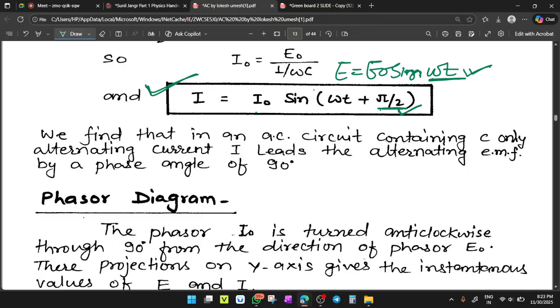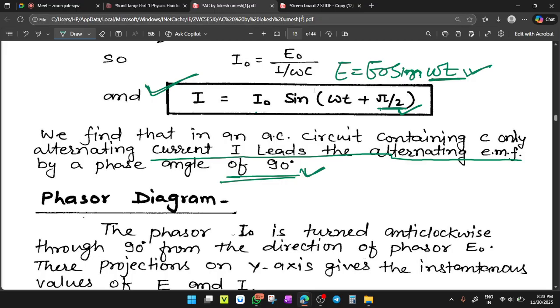In an AC circuit containing a capacitor only, the alternating current I leads the alternating EMF by a phase angle of 90 degrees. Got it? So the current leads the voltage by 90 degrees. Now the phasor diagram.